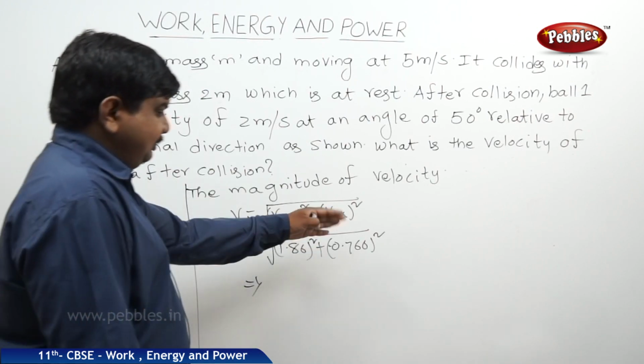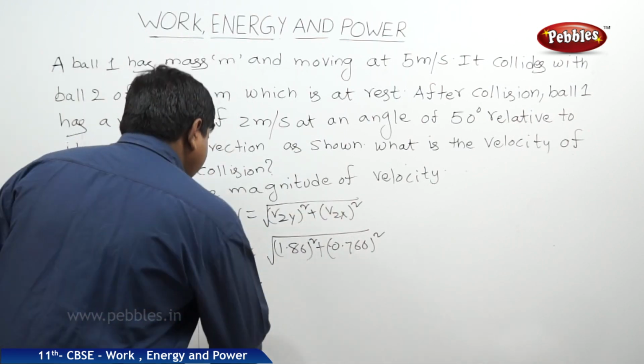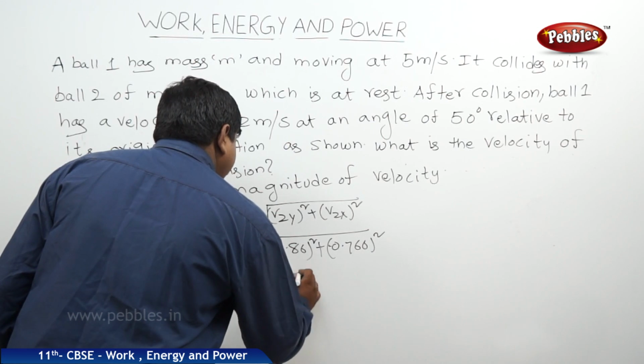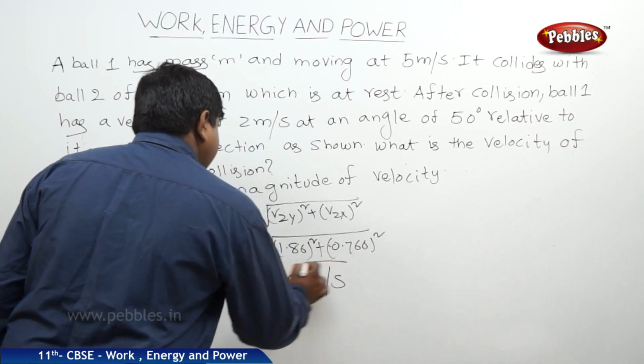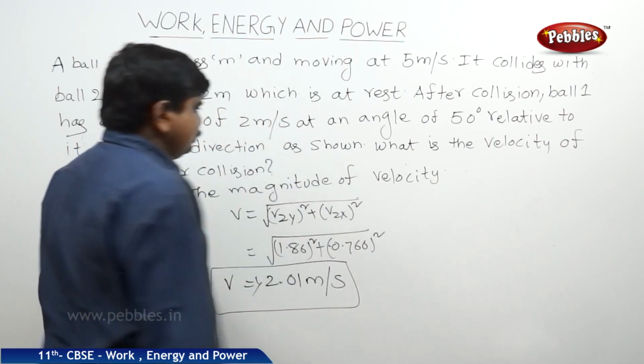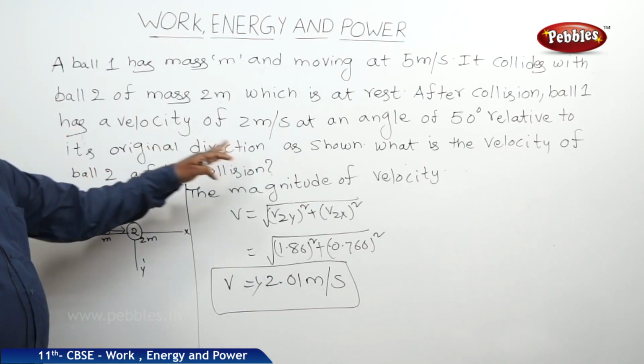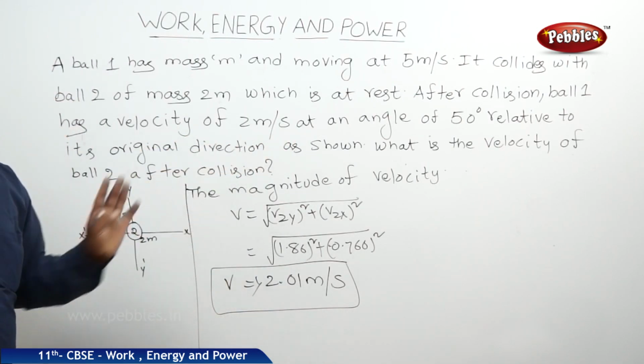So if you multiply the square and apply the root, we will get v is equal to 2.01 meters per second. So this is the velocity of the ball 2 after the collision.